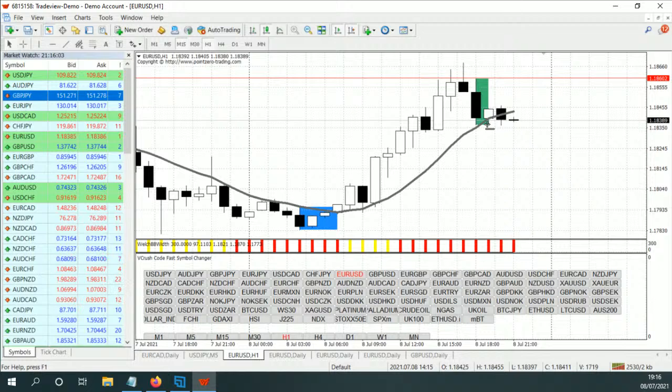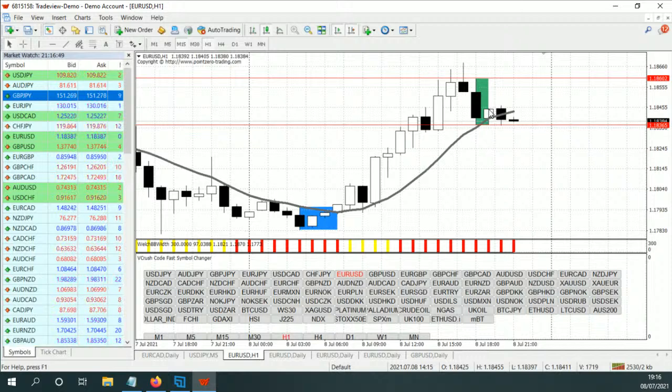Why? If we break out to the bottom here, the price will already be below the moving average. That is a sell. And if we break out to the top here, yes, we are going to buy, because by the time, the price is also above the moving average and the Bollinger Band is red. So for now, we are waiting for either of these two lines to be breached.